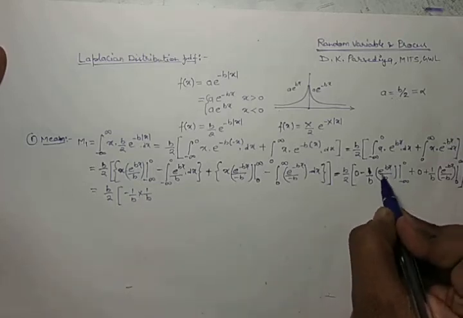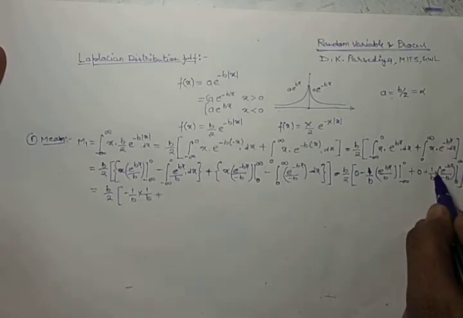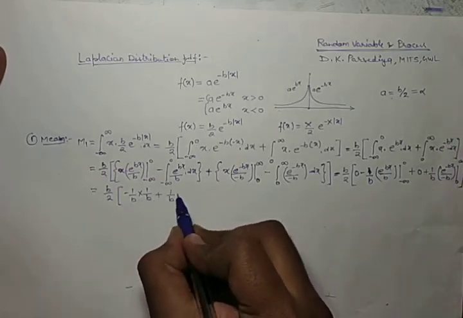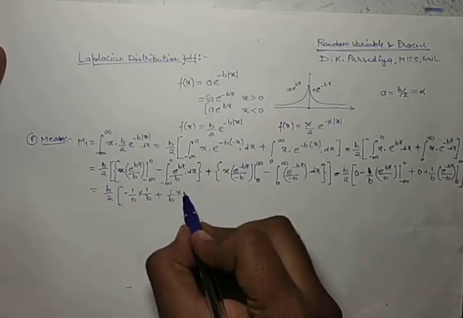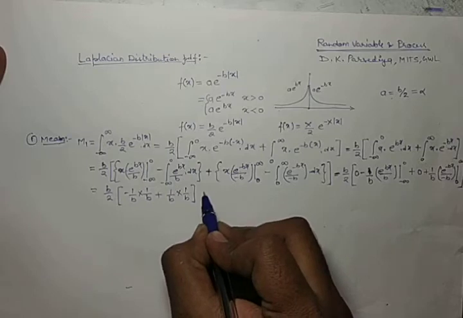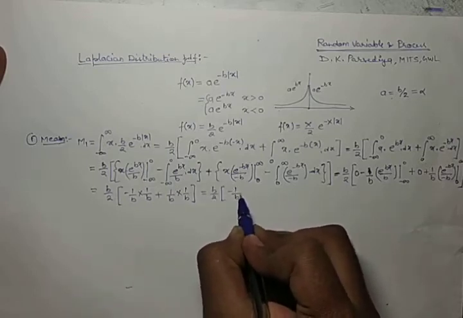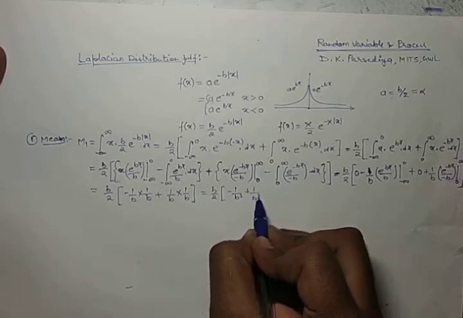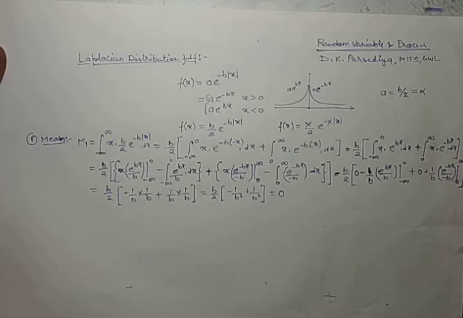That means this function will give us 1 by b, plus for this is 1 by b, and when I substitute this upper limit I will get 0, and minus of lower limit, that is 0, so minus of minus will give you plus 1 by b. So that is b by 2 minus 1 upon b square plus 1 upon b square. So ultimately the mean for this Laplacian distribution function will be 0.